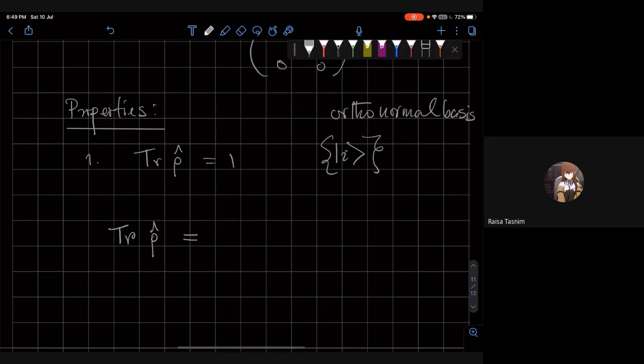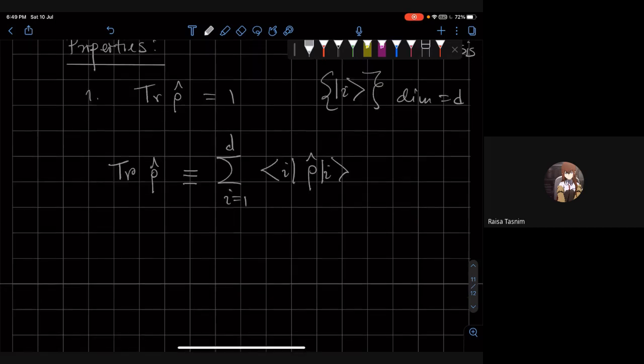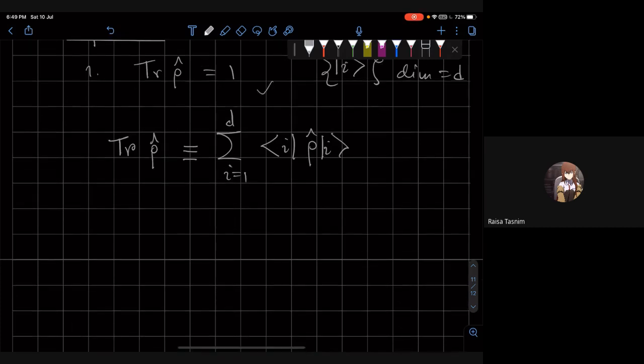So suppose the dimension of your Hilbert space is D. So you take such an orthonormal basis, and then what you're doing is you're taking your operator, sandwiching it between the bra and the ket of the basis, and summing over all the basis elements. Okay, so this is the definition of a trace. So because this is the definition of a trace, let's see if this definition leads to this result.